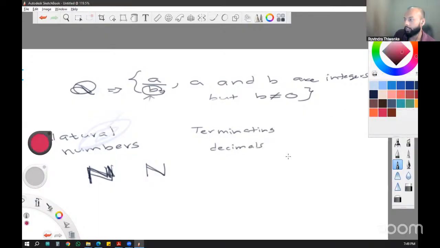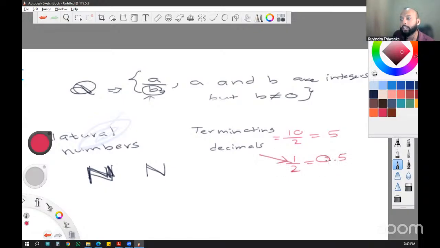Terminating decimals mean, think like this, if you divide 10 by 2, it is equal to 5. Or if you divide 1 by 2, that will make you a decimal number.